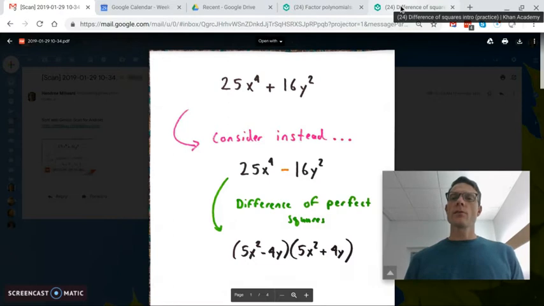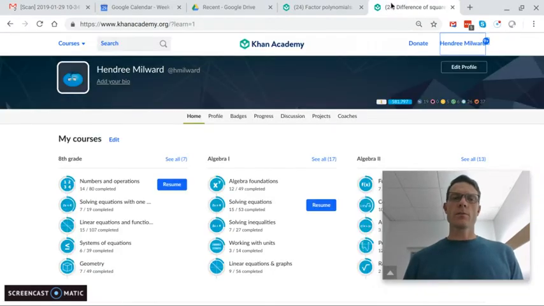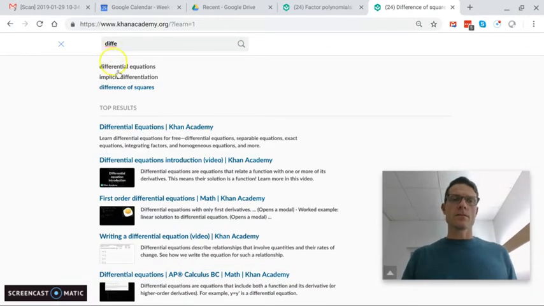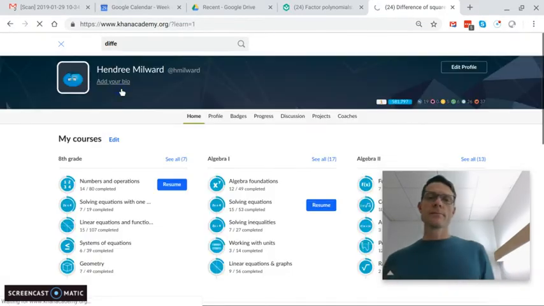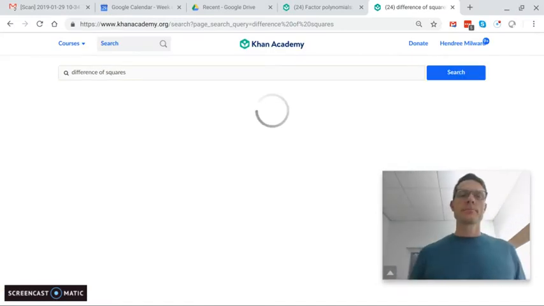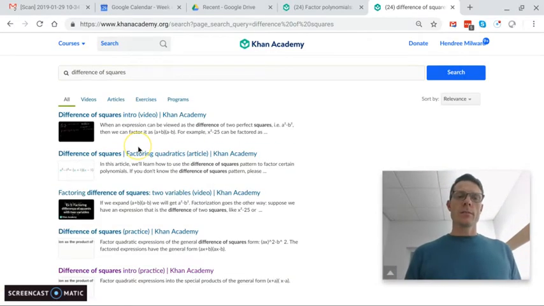So if you need a little review on difference of perfect squares, what you can always do is just go to Khan Academy and start typing difference of perfect squares, and a lot of times it pre-populates. If you search for that, you get a bunch of stuff.